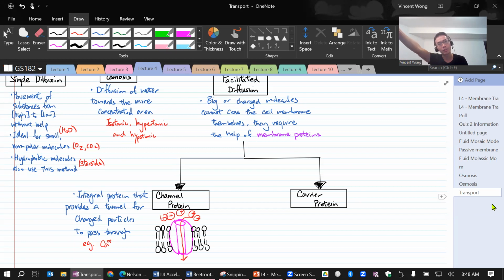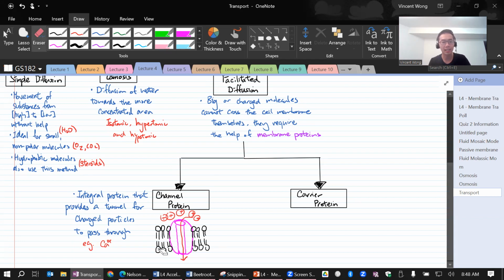If it's high concentration on the outside and low on the inside, they'll come in. If the concentration switches, higher on the inside and lower on the outside, then they will leave. So direction is not dictated by the protein, it's dictated by the concentration gradient. I'll write that down for you in a bit, but let me finish carrier protein first.